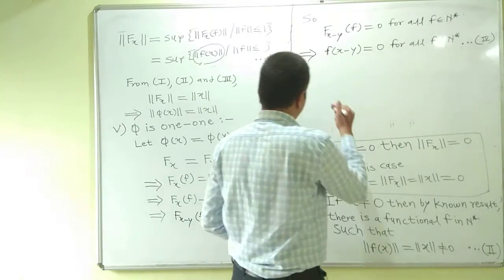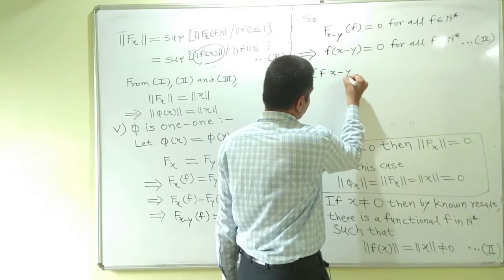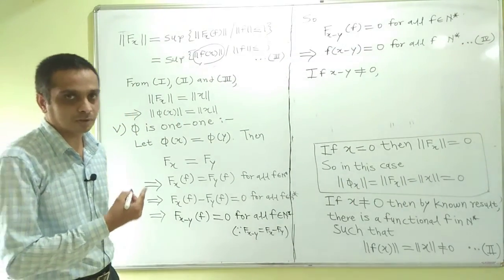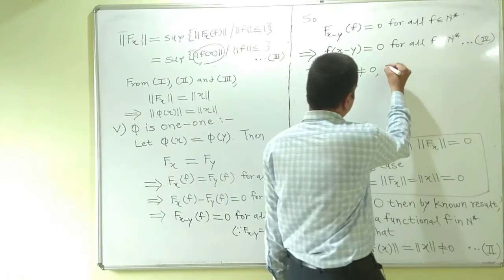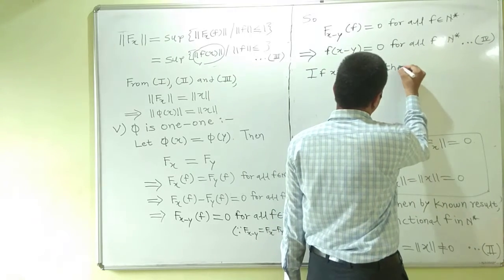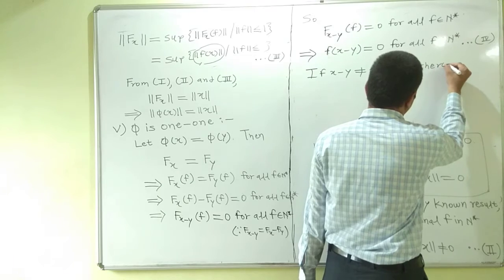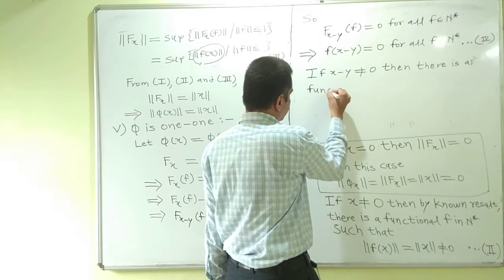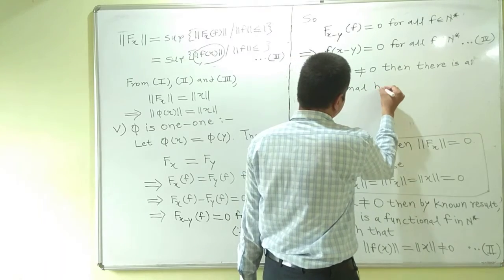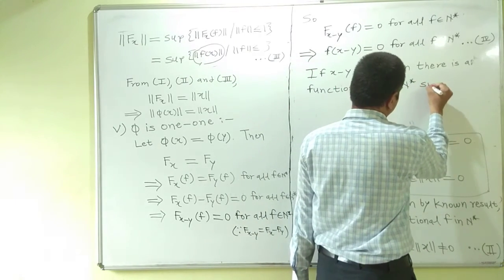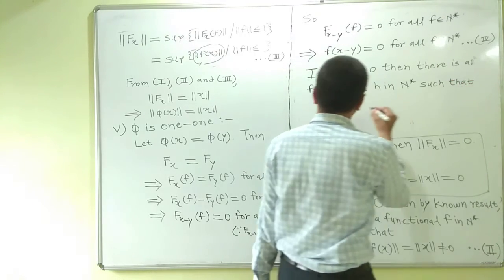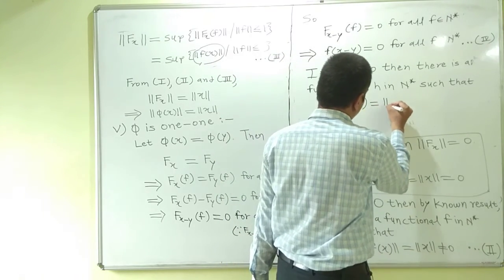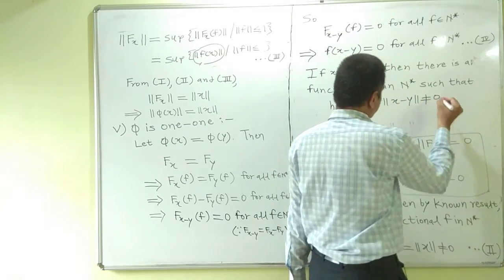If x minus y is not equal to 0, then by known theorem, which we had obtained by applying the Hahn-Banach theorem, there is a functional h in n star such that h of x minus y is equal to norm of x minus y, and it is not 0 because x is not equal to y.